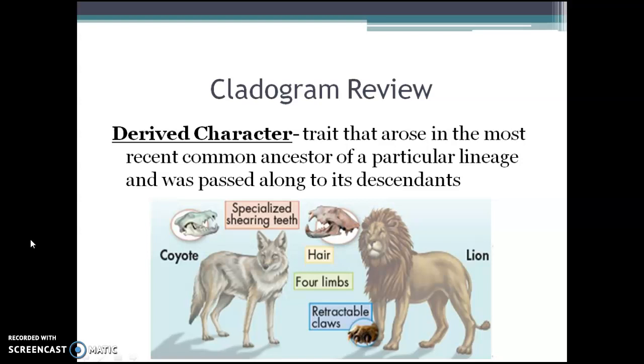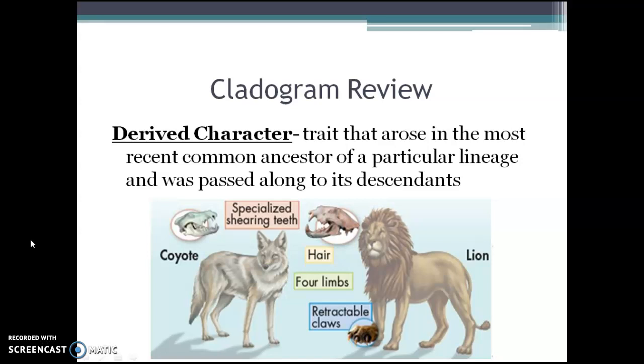To further understand those cladograms, we need to define the term derived character. You probably have heard of the word derived before, maybe in math class. A derived character is a trait that arose in the most recent common ancestor of a particular lineage and was passed along to its descendants. So let's look at two creatures that you guys are fairly familiar with. We have a coyote, which lives in our area, and then we have a lion, which lives in Africa.